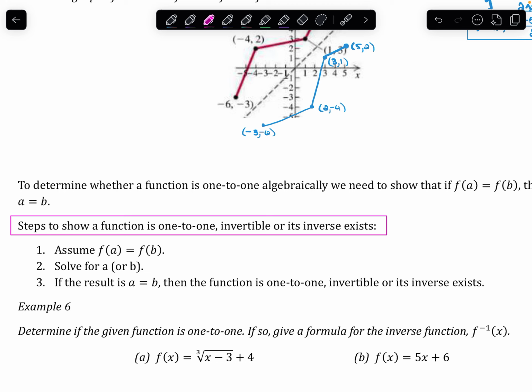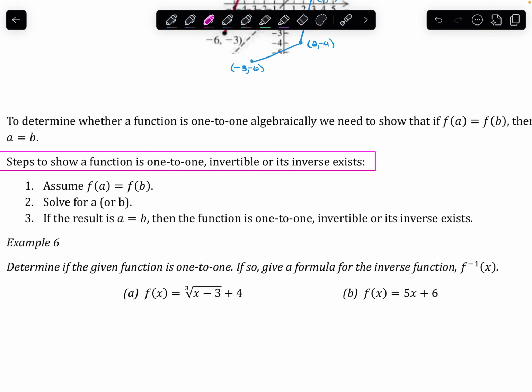So what we have to do to show one-to-one is assume the y values are the same. If the y values are the same, in order for it to be one-to-one, the x values must be the exact same. If they are not, the function is not going to pass the horizontal line test, which means the function is not invertible.